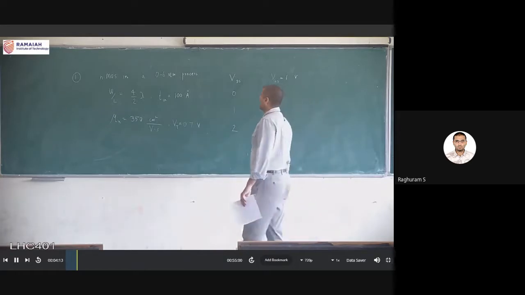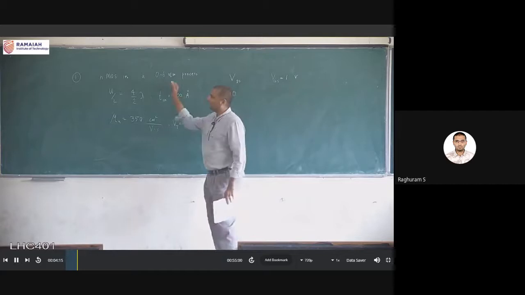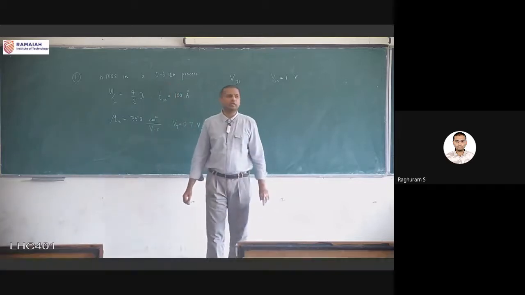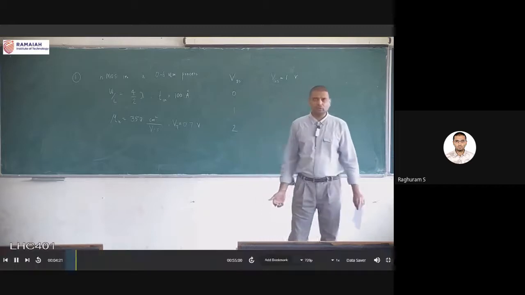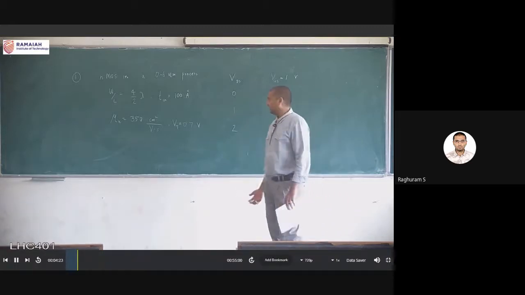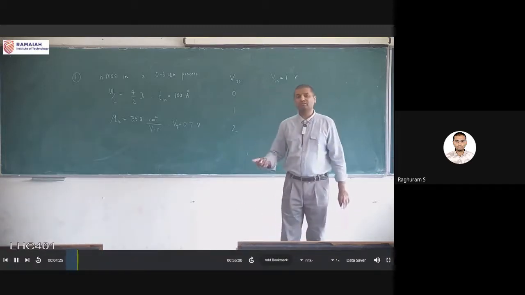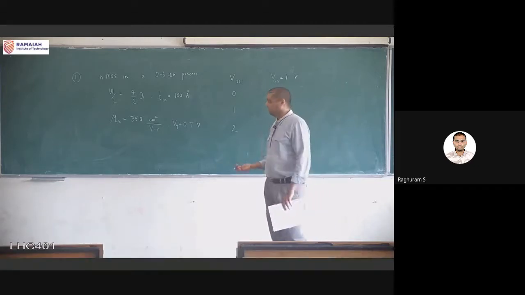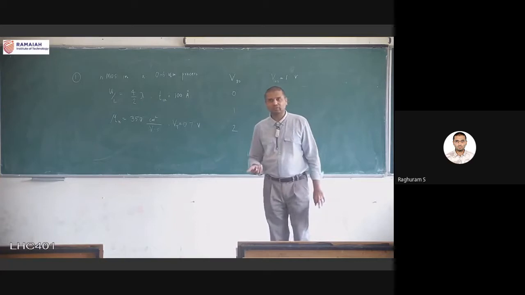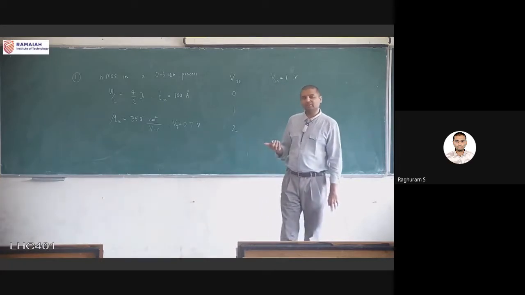Okay. And another thing is this number, many of you asked this also. This number is, maybe in some problems it might be useful, but it is just there for the sake of completion, because it's always important to know what technology, what process we are working with. So that is why that number is there.